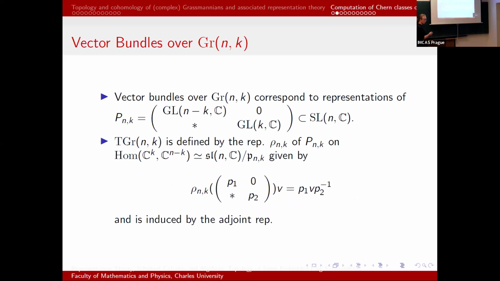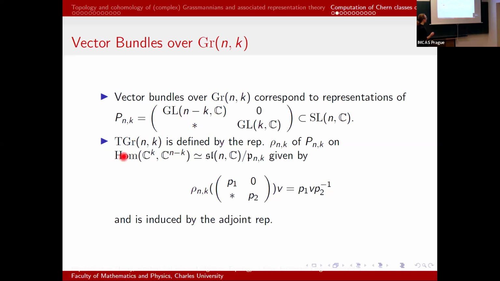So, vector bundles over the complex Grassmannian GR nk. Recall that the parabolic subgroup Pnk, such that SLN over Pnk is the complex Grassmannian, is of this form. We have the diagonal GL blocks and this arbitrary K times N minus K matrix.